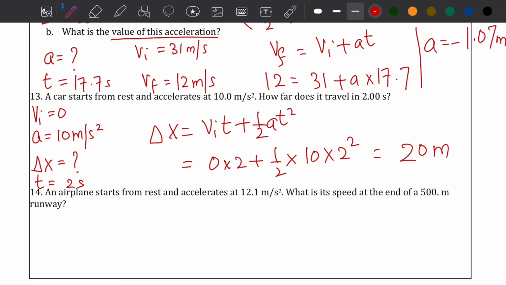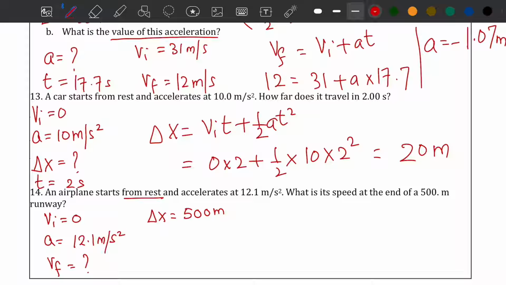Next, an airplane starts from rest. So VI is equal to 0. Accelerates at 12.1 meter per second square. What is the speed at the end? So VF we want to find. End of a 500 meter runway. So delta x is given as 500 meter.